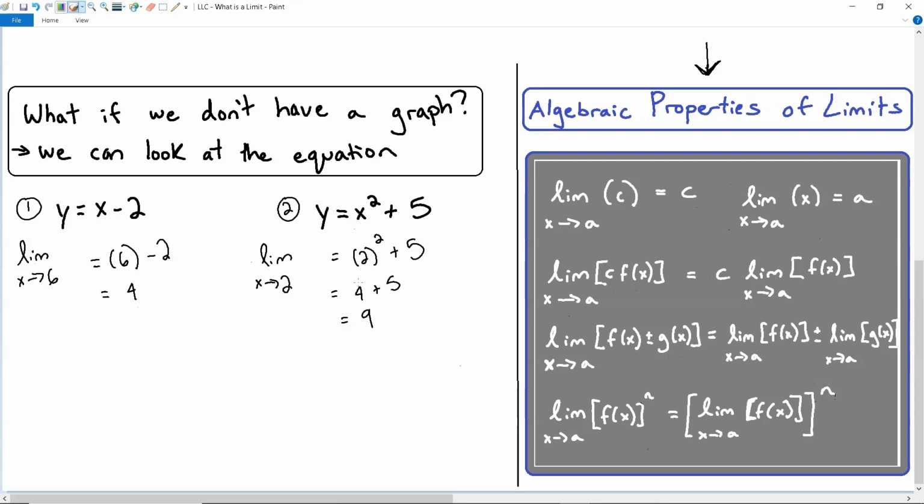So let's go over how we would represent these equations with these algebraic properties. So the first one I want to look at is down here. And that just tells me that the limit of an equation can basically be split into two different parts if I represent each part as a function. So if I look at y equals x minus 2, and let's say we wanted to find the limit as x approaches 6 for x minus 2, what I could do here is I could actually break this apart into two different limits.